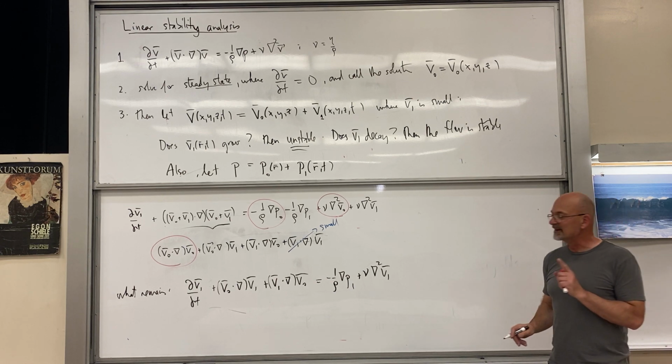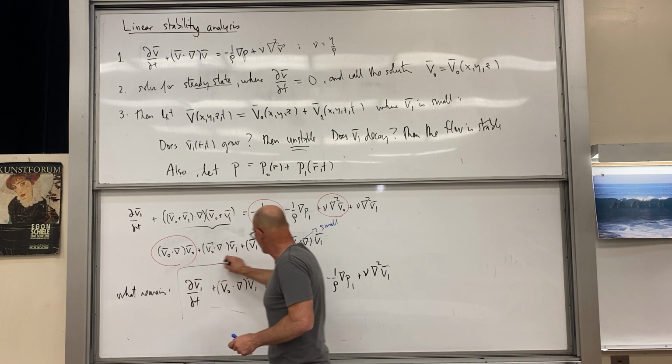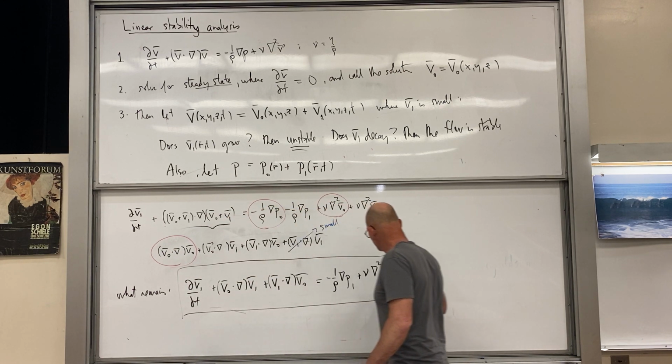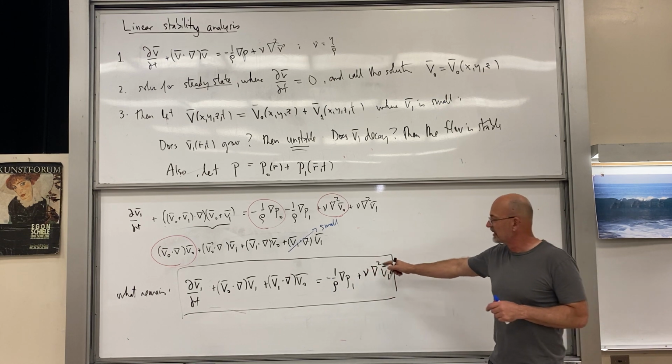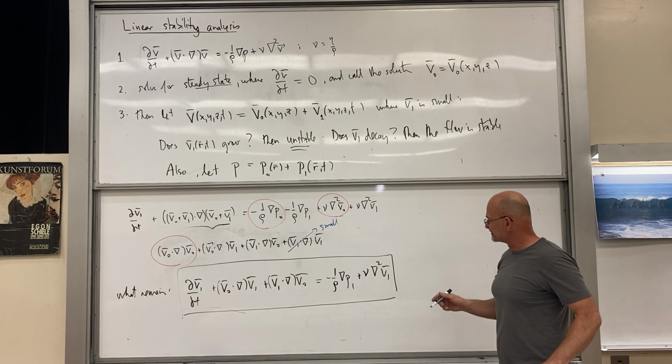So there's your linearized differential equation that you would have to solve. There are other schemes, but this is principally what has to be done, okay? That you would have to solve in order to answer this question.